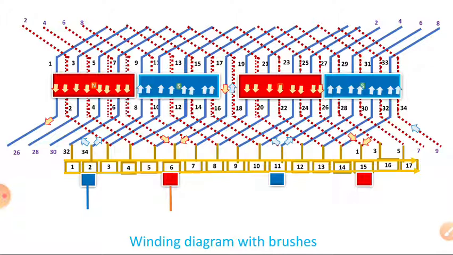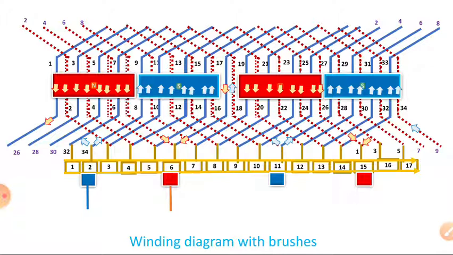Both currents are coming towards the 6th segment, we take as positive. Similarly, in the 15th also you can observe here, dear student, one is coming from the 26th conductor, and another is coming from the first conductor, connected to the 15th segment. So red indicates the positive terminals and blue indicates the negative, as per my assumption only.